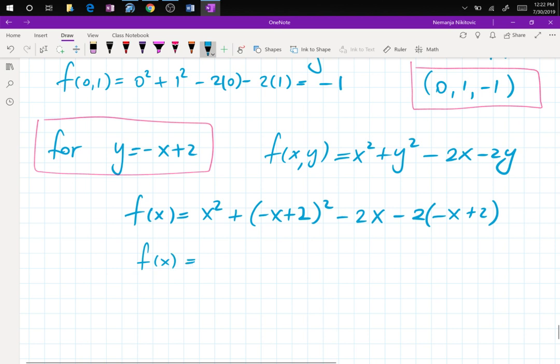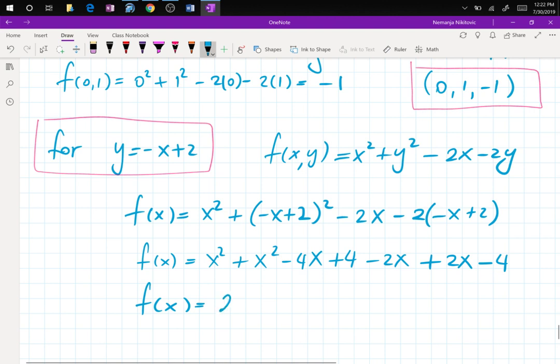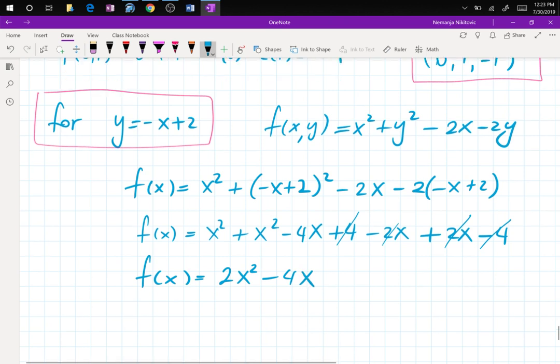So f of x is equal to x squared plus x squared minus 4x plus 4 minus 2x plus 2x minus 4. So f of x is 2x squared minus, because these guys cancel as well, so minus 4x.